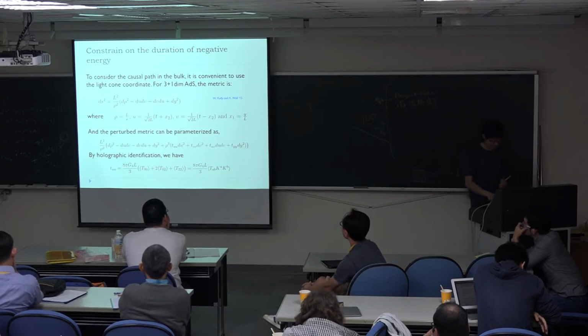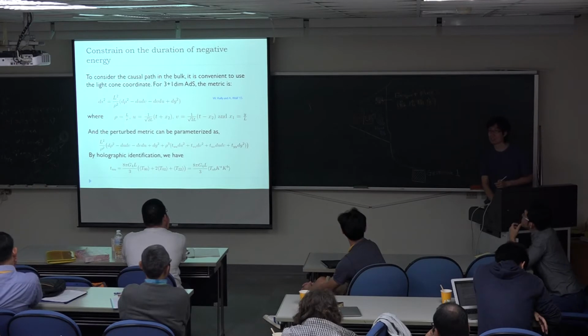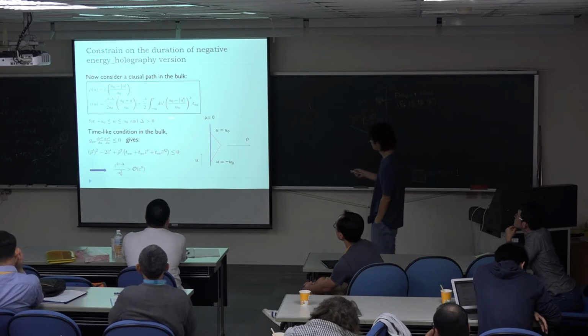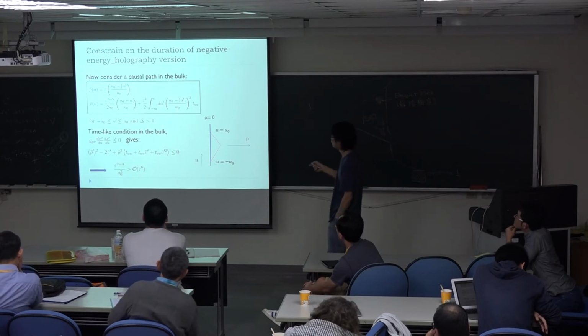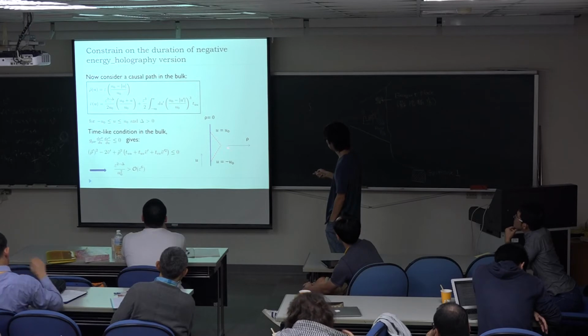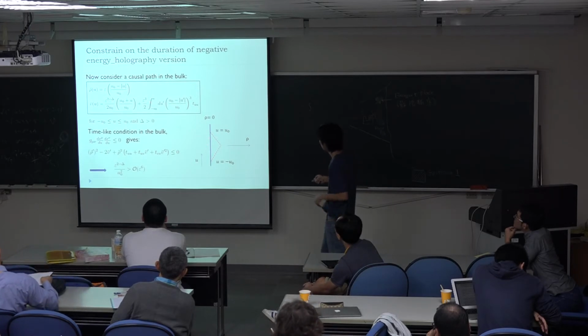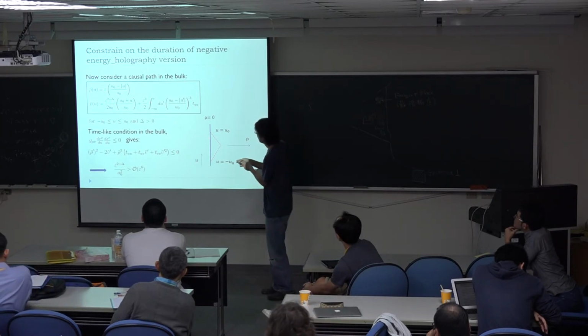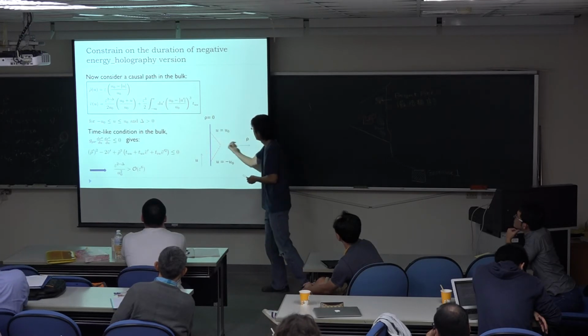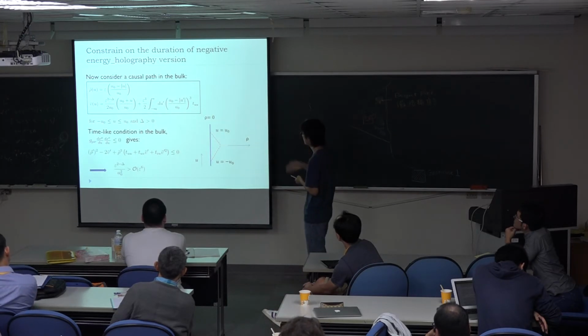I think I will just talk about the result because this would be very technical. But basically, we want to use the Gauss theorem. That means if you choose a particular time-like path in the bulk, here I use the light-cone coordinates. U and V here are the light-cone directions in the boundary, and rho is the radial direction.